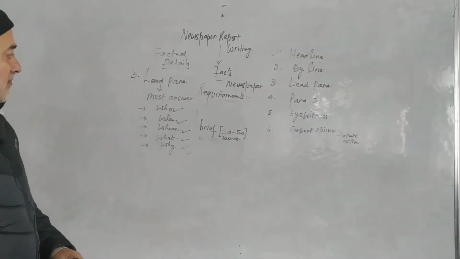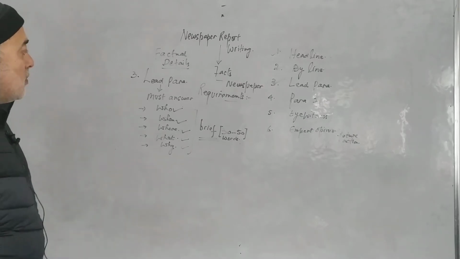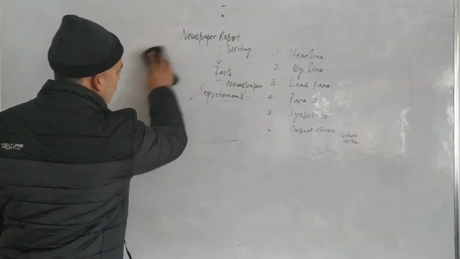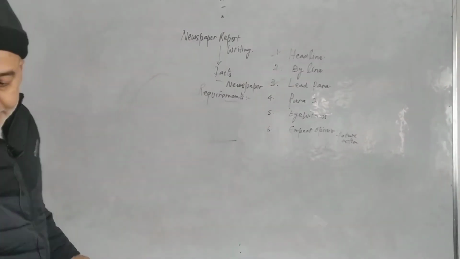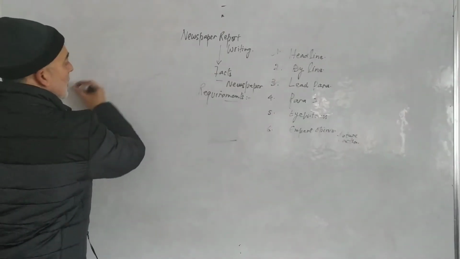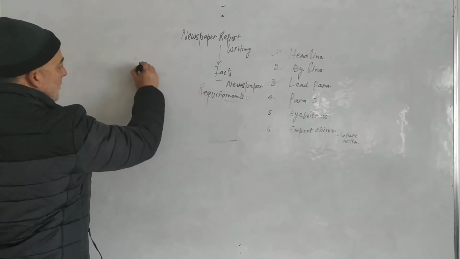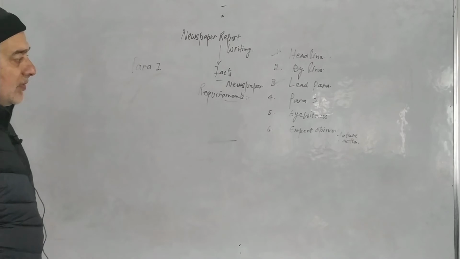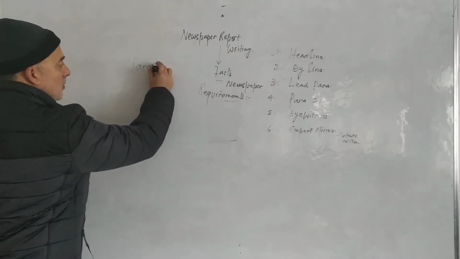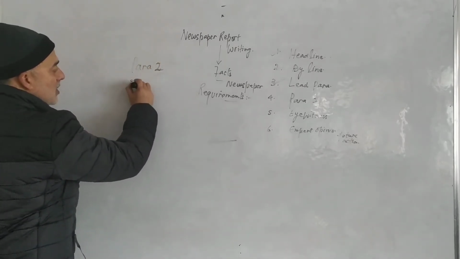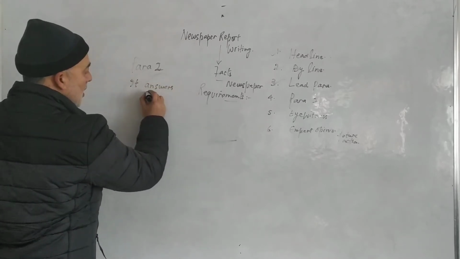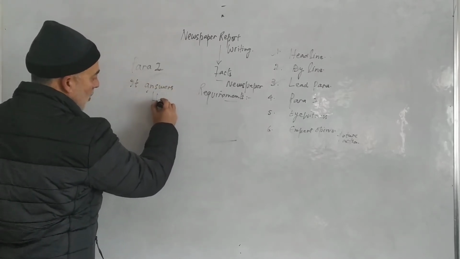Now, the most important part of the newspaper report is para 2. It answers how.